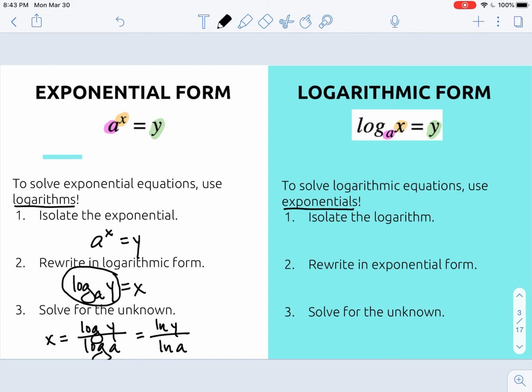So our first goal is going to be to isolate our log so that we get something that looks like this. Once we have that, we're going to rewrite that in exponential form. So we'll have x equals a to the y. This gives us our unknown on one side and the things that we do know on the other. After that, you're going to solve for the unknown, and we'll show a couple examples of what that step might look like.